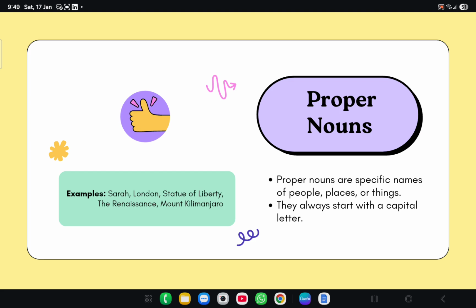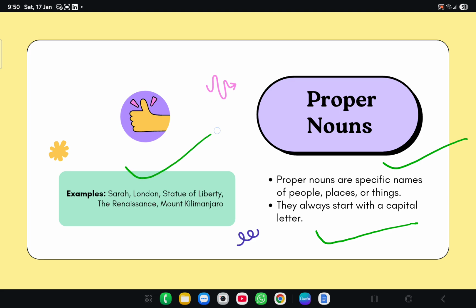How can we recognize proper nouns? Proper nouns are specific names of people, places or things. They always start with a capital letter. Remember this: proper nouns always start with a capital letter, whenever we are starting a sentence, or if a proper noun is given between other words in a sentence, in that way also capital letters are used.